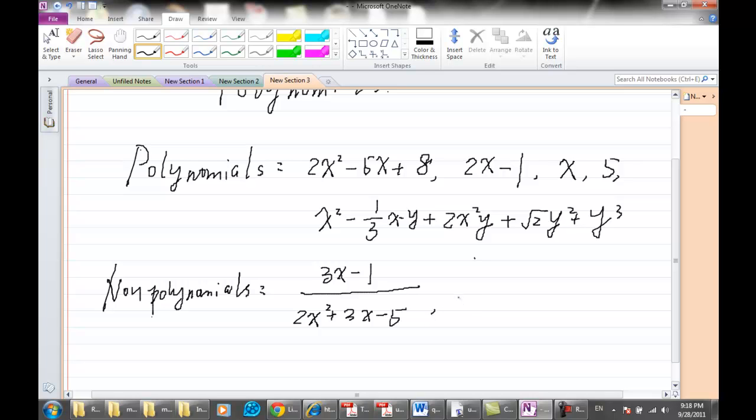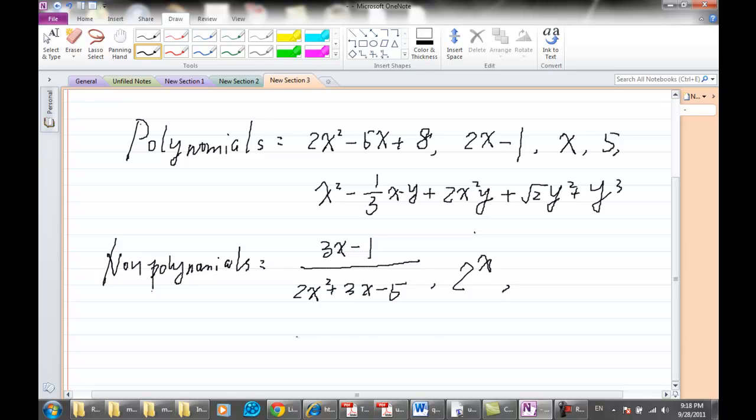And it can also be like 2 to the x power, or more difficult, like x cubed minus 2 squared x over y plus 3 times y to the fourth power, or like 1 over x to the fourth power.